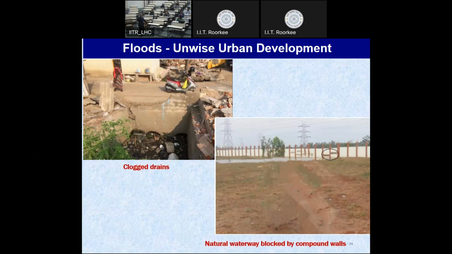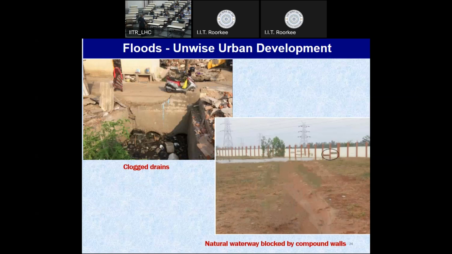Either it will cause submergence behind the walls, or when the water level has risen sufficiently and the force is high enough, the wall will be broken. Okay, so in this process, you will cause flooding as well as damage to the infrastructure. So again, construction of compound walls across the natural waterway is one cause of flooding in our Indian cities. Water is no longer able to move through the natural path and it causes damages.